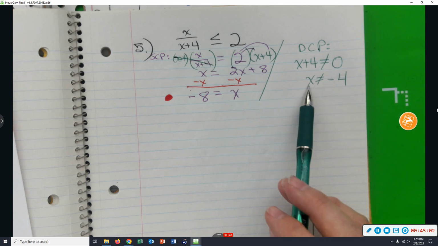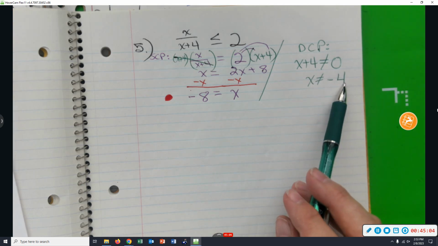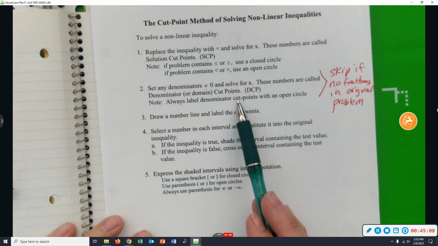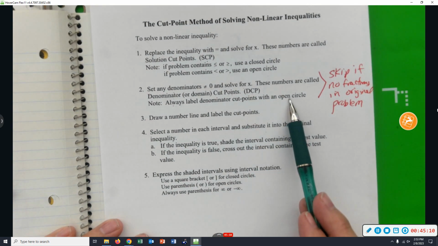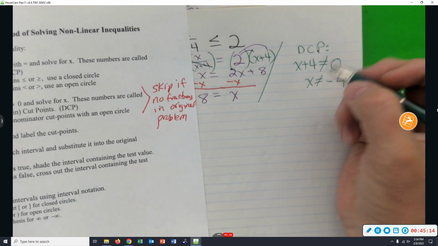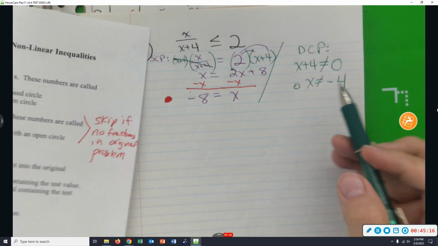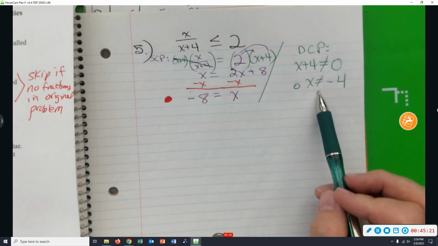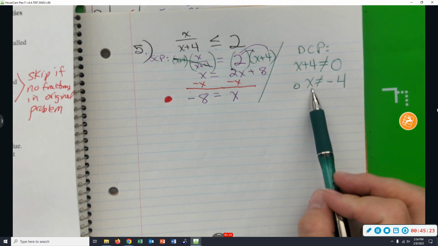You never want x to equal -4. Look at what I say here for step 2. Always label denominator cut points with an open circle. You never want a denominator to be 0, so it doesn't matter what the original inequality is. Denominator cut points are always open.